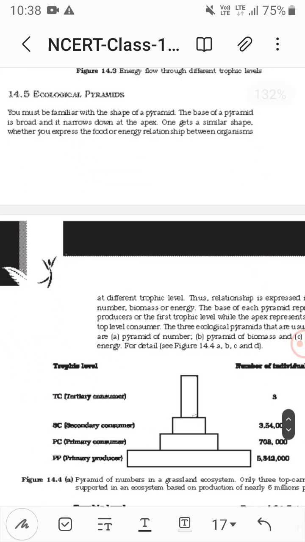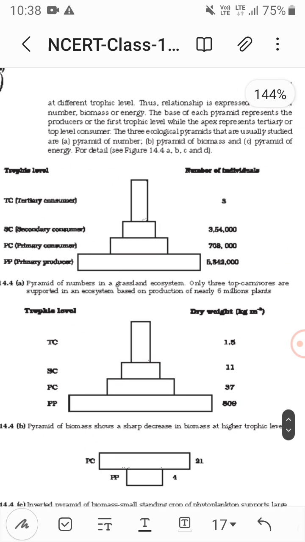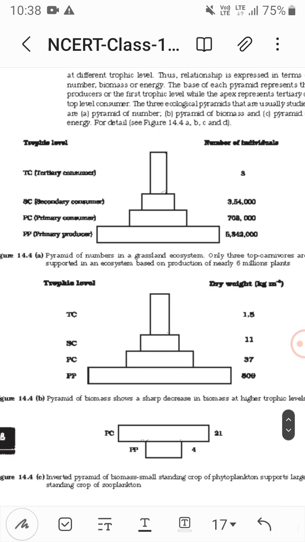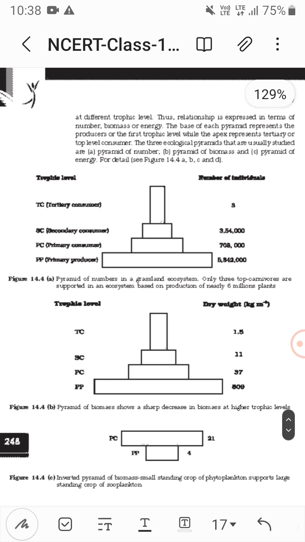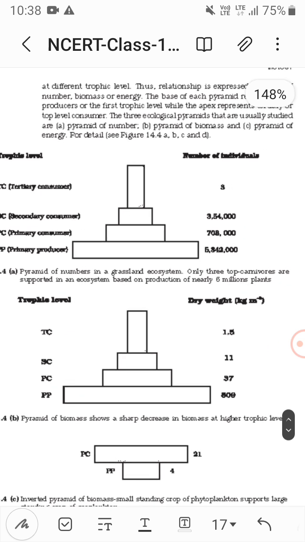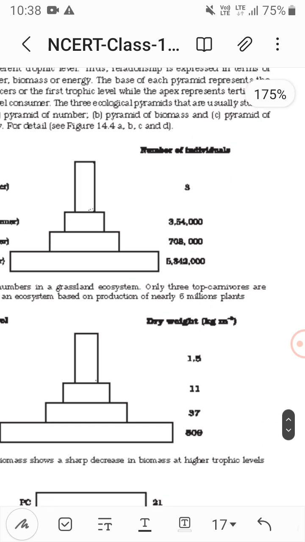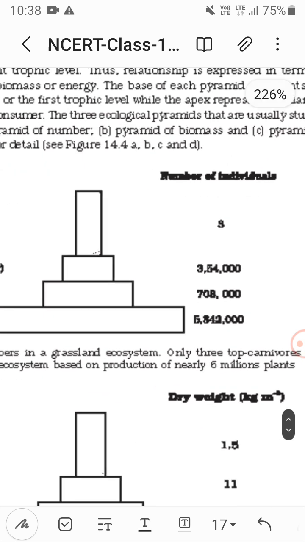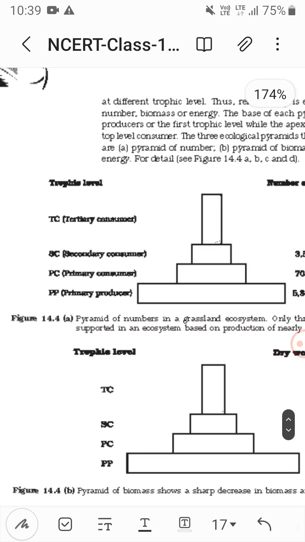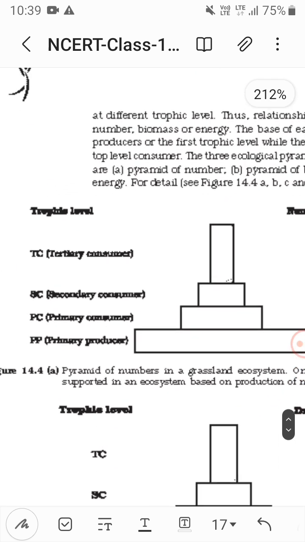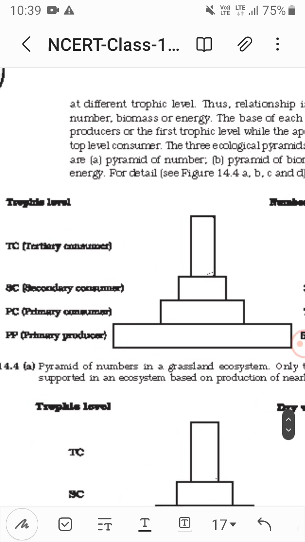There are ecological pyramids. Pyramid of numbers in a grassland ecosystem: only 3 top carnivores are supported in an ecosystem based on production of nearly 6 million plants. So you see there are 6 million primary producers that get fed on by the primary consumers.